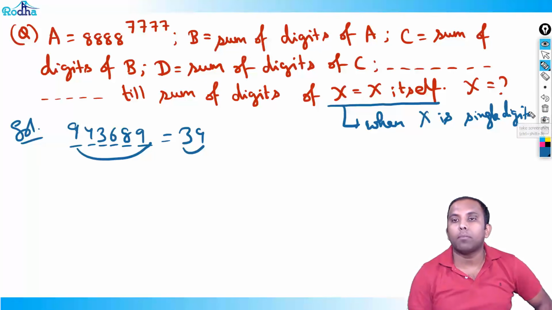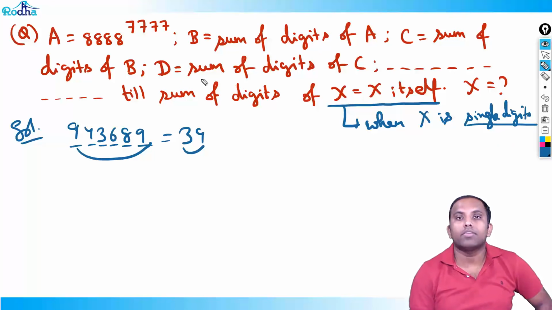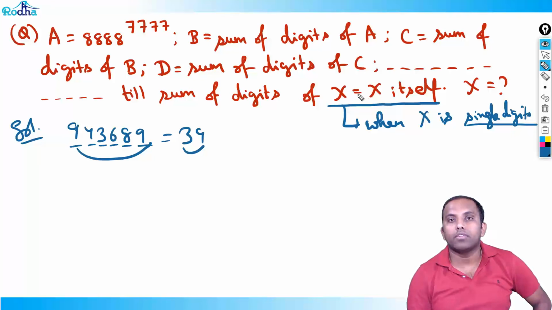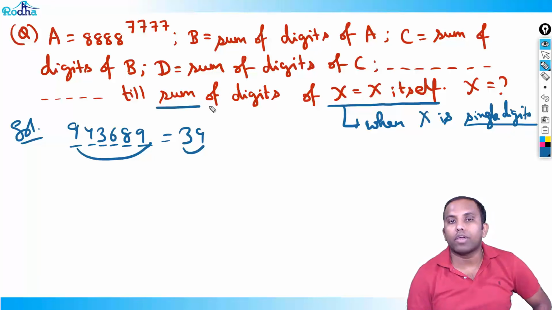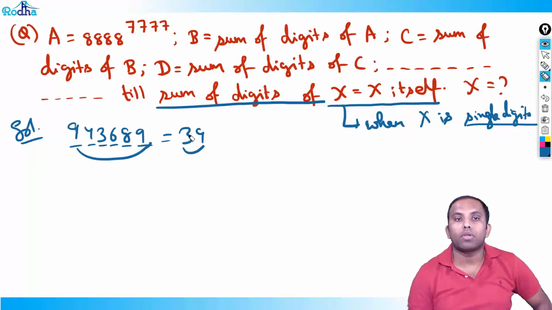This will only happen when X is a single digit, because only for a single digit is the sum equal to the digit itself. That means the sum of 8 is 8, the sum of 7 is 7. Otherwise, for any number, the sum of digits of X cannot be equal to X itself. Very important point.